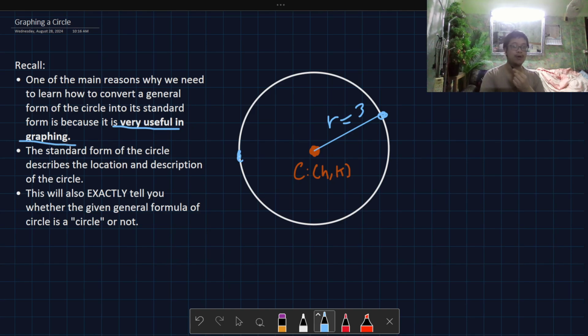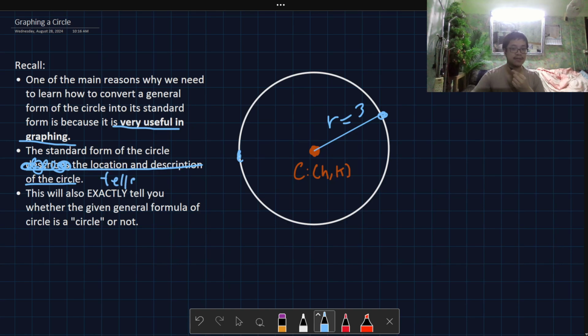And why is it very useful? Because the standard form tells you the location and the description of the circle. Maybe that's wrong grammar: not describes, but rather tells.